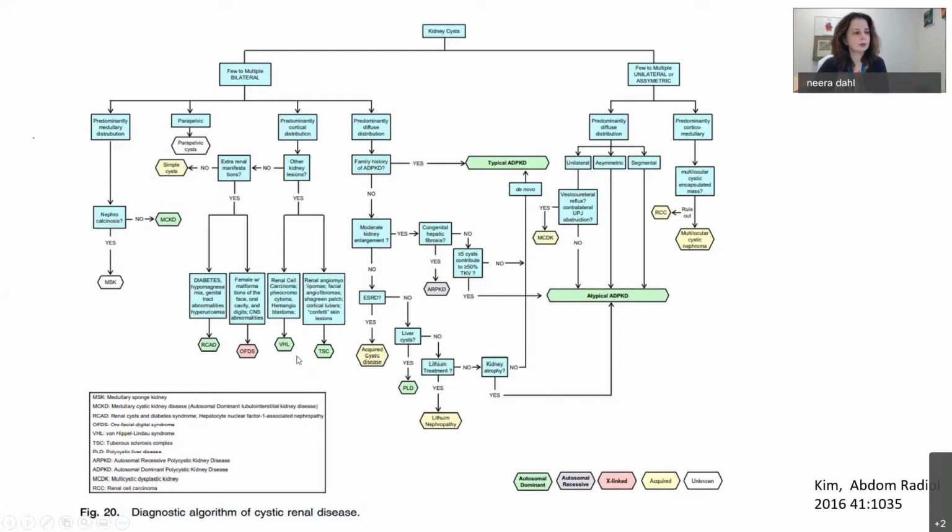Here you can see they have VHL and tuberous sclerosis listed. Both of these have an increased risk of cancer. What we're trying to define is whether this is someone with simple cysts, or someone truly with a family history of ADPKD who has typical symmetrically bilaterally enlarged kidneys and has ADPKD.